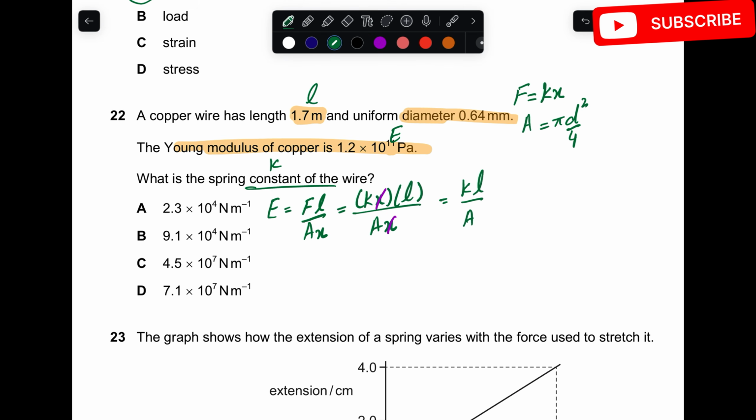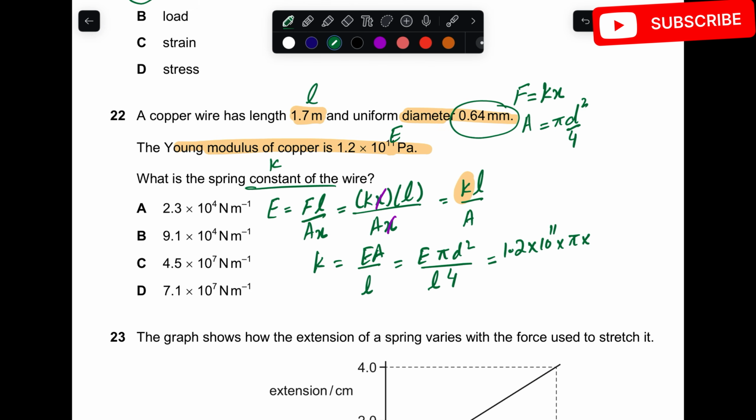So we have to make k the subject, okay? So k will be equal to E into A over L. Now you can put the value. A is pi d squared divided by 4 and there is another L. Now put the values. E is 1.2 times 10 raised to power 11 into pi into d is given, it is in millimeter.